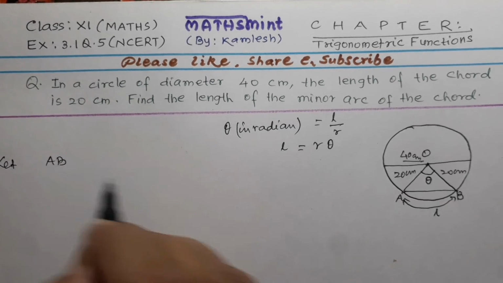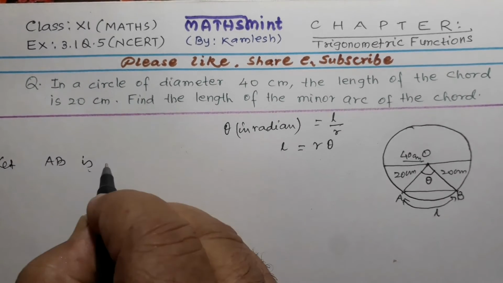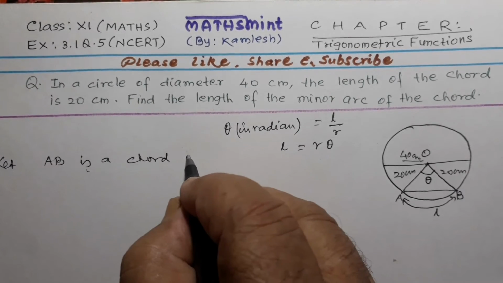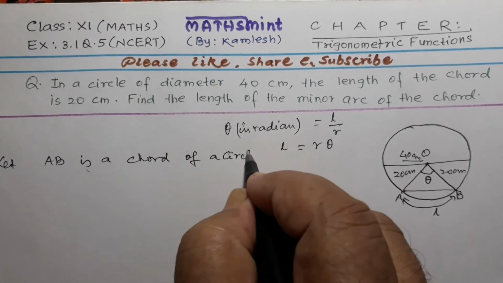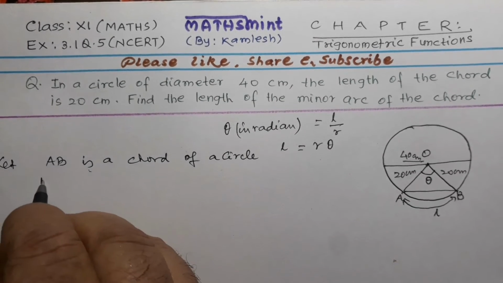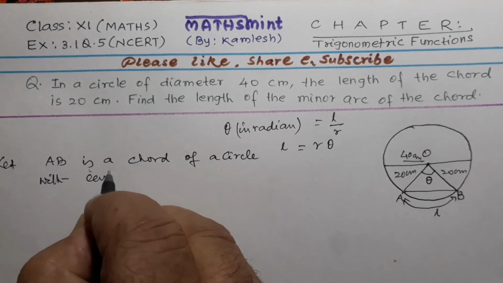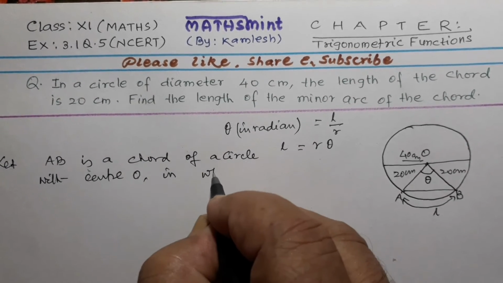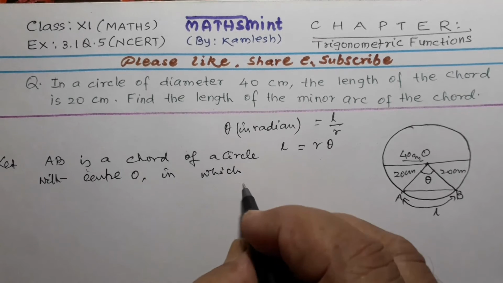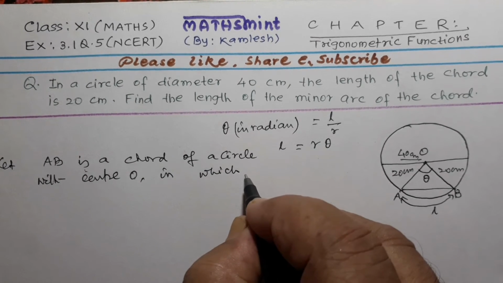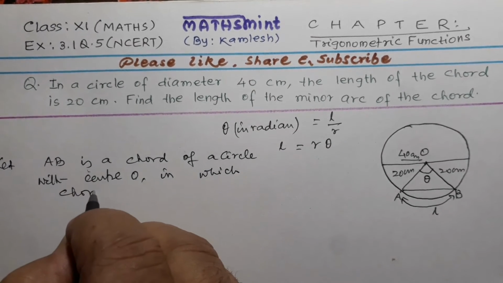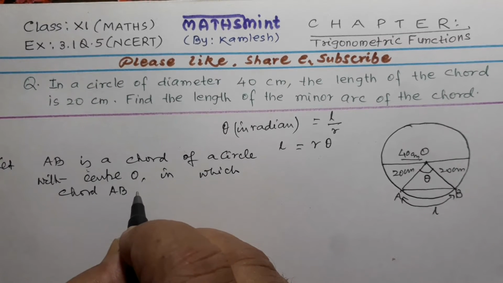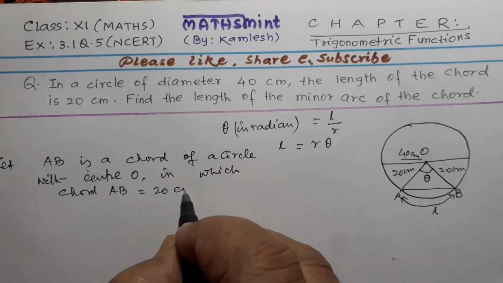So we shall write, let AB is a chord of a circle with center O, in which chord AB is equal to 20 centimeter.